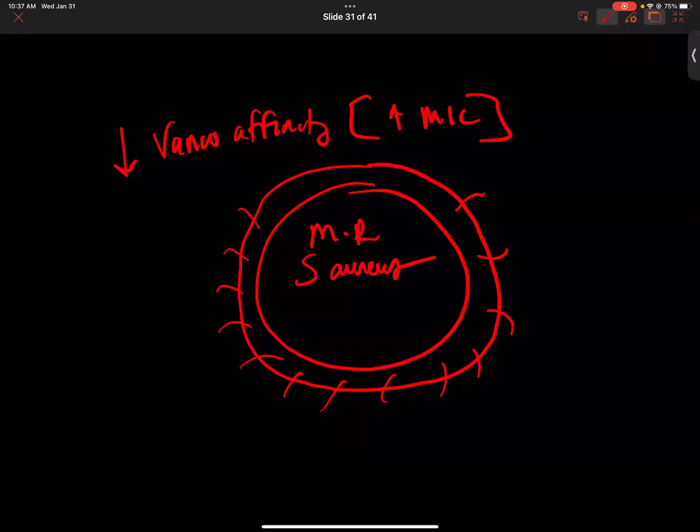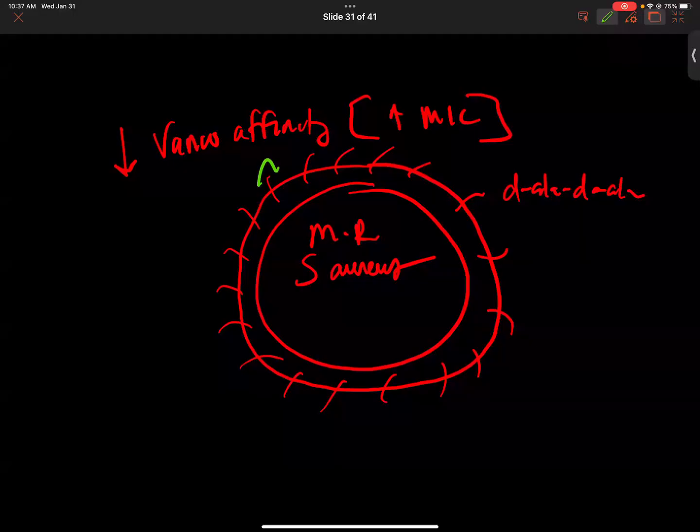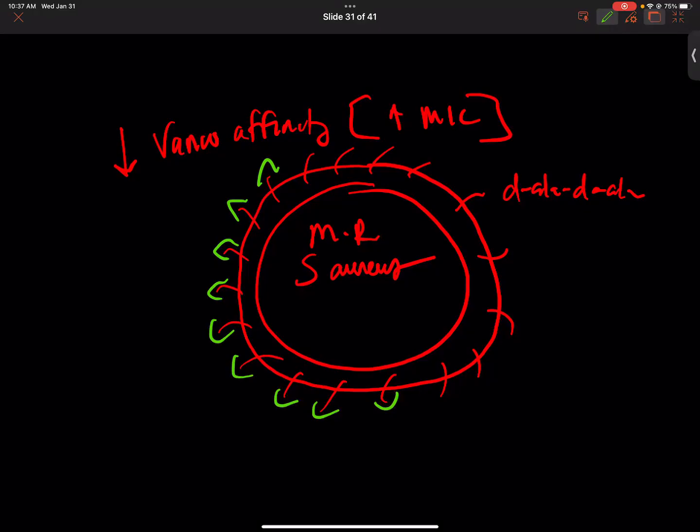What if all of these little whiskers coming off the bacterial cell represent a D-alanine fragment? And what if then vancomycin gets tricked into capping all of these, yet we still have the normal D-alanine that we're trying to cap as well?